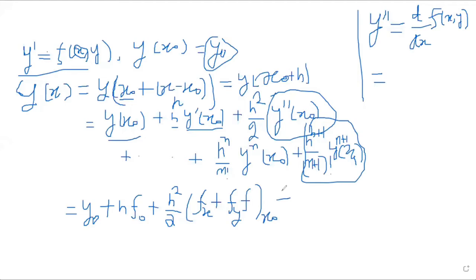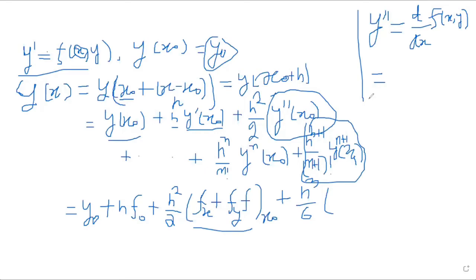Now go for the fourth term. What will be the fourth term? It will be h cube by factorial 3, or we can write directly 6, whatever you are writing. And then quickly tell me, what will be the y triple prime?